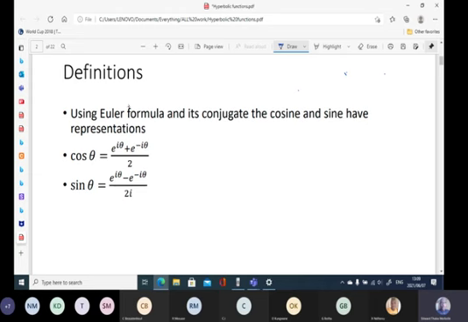First I have to show you the Euler equation. e to the power i theta is equal to cos theta plus i sine theta. This implies that e to the power minus i theta will be equal to cos theta minus i sine theta.